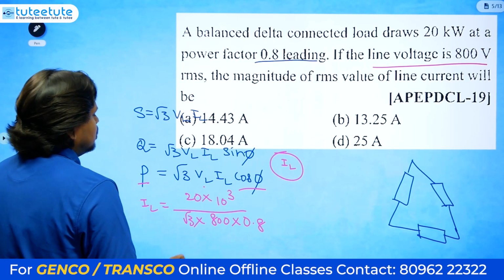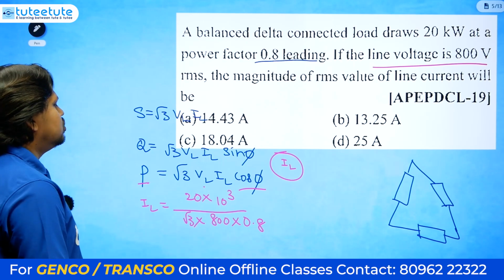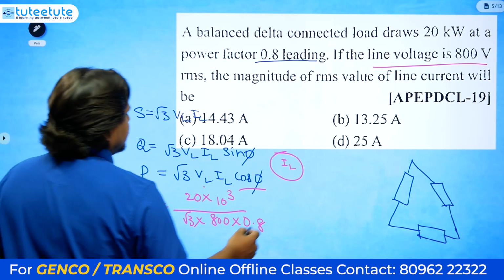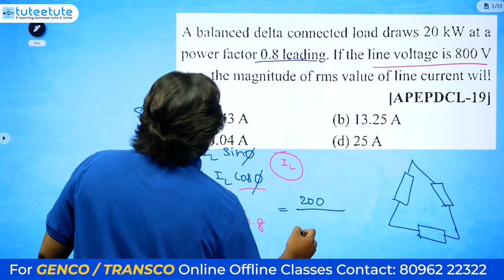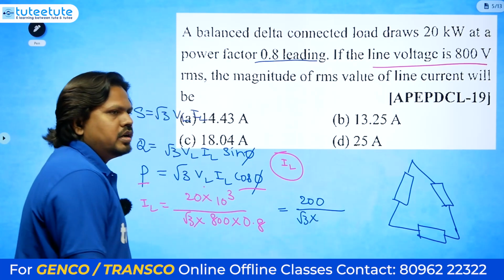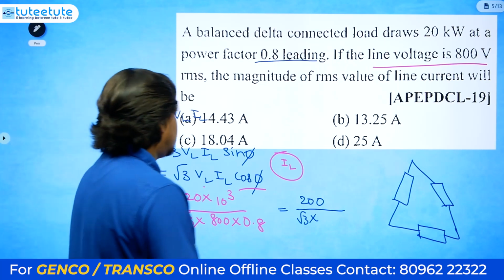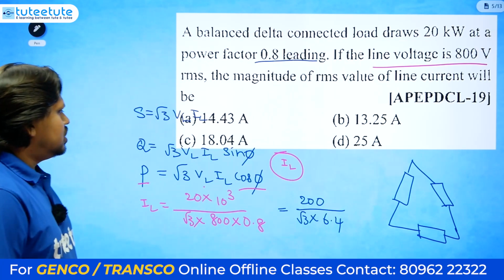So you need to simplify this one. 4 zeros are there in the numerator and only 2 zeros in the denominator. If you simplify this, you will get 200 divided by root 3 into 8 into 0.8, which is nothing but 6.4. So this is the complete one.